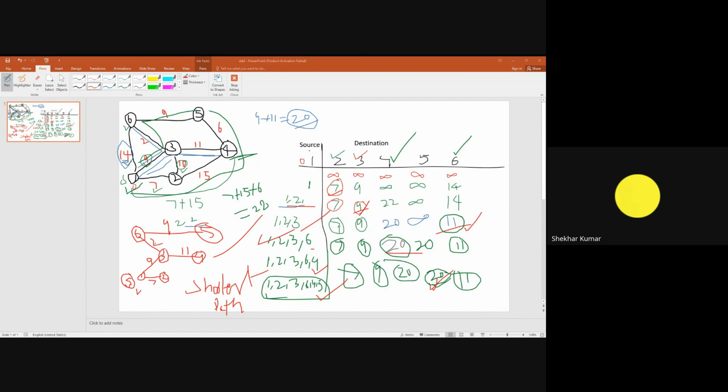As the definition suggests, a minimum spanning tree is that spanning tree which has minimum cost.